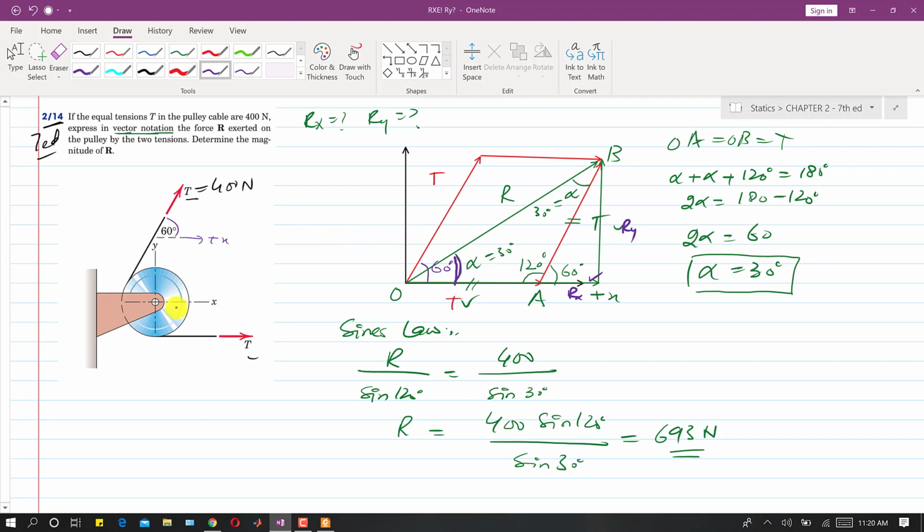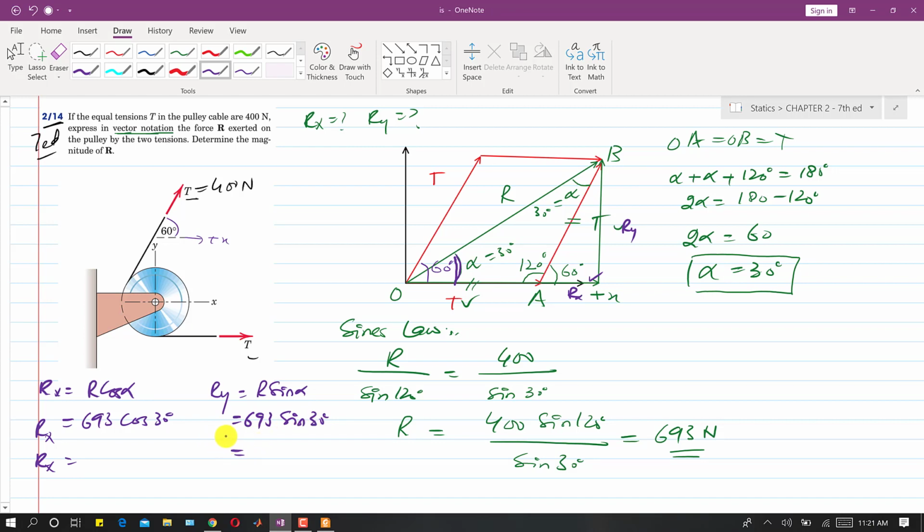So this means that Rx will be equal to R cos of alpha, right? So the magnitude of R is known, it is 693 cos of 30 degrees, right? And similarly the Ry will be equal to R sine of alpha. So R is 693 sine of 30 degrees.